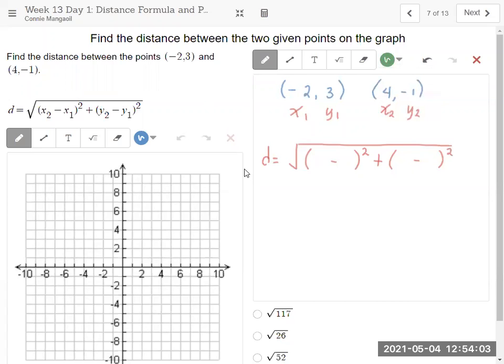So x sub 2 is 4. We're plugging in. X sub 2 is 4 minus x sub 1 is negative 2. All right? And then for the other parentheses, we'll put in the y values. So you get negative 1 and then 3.